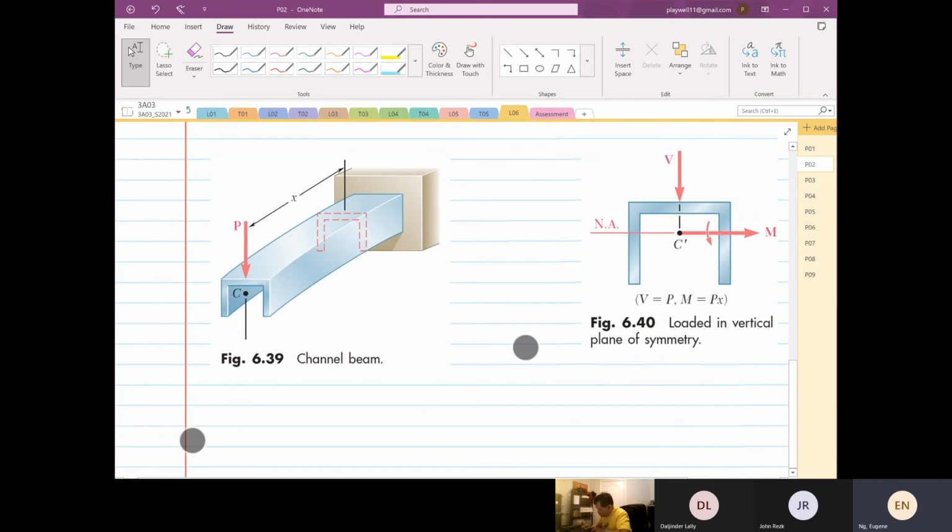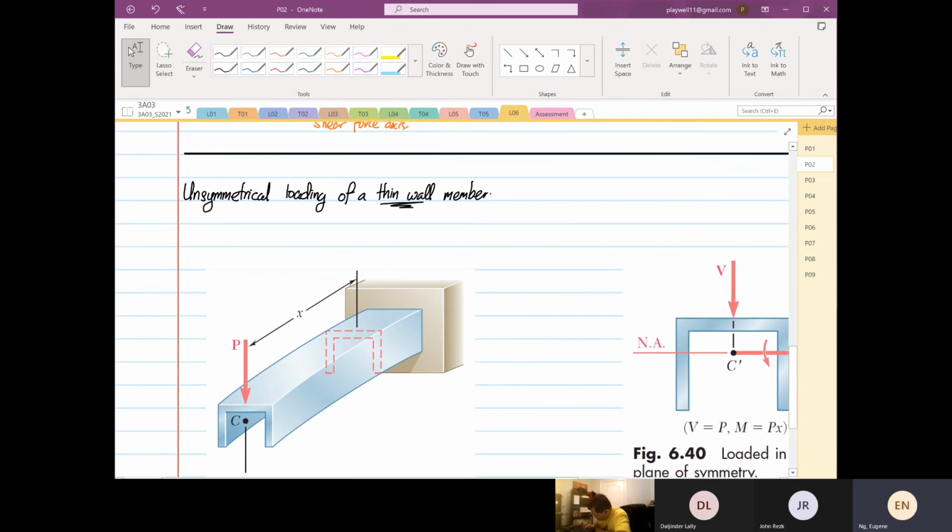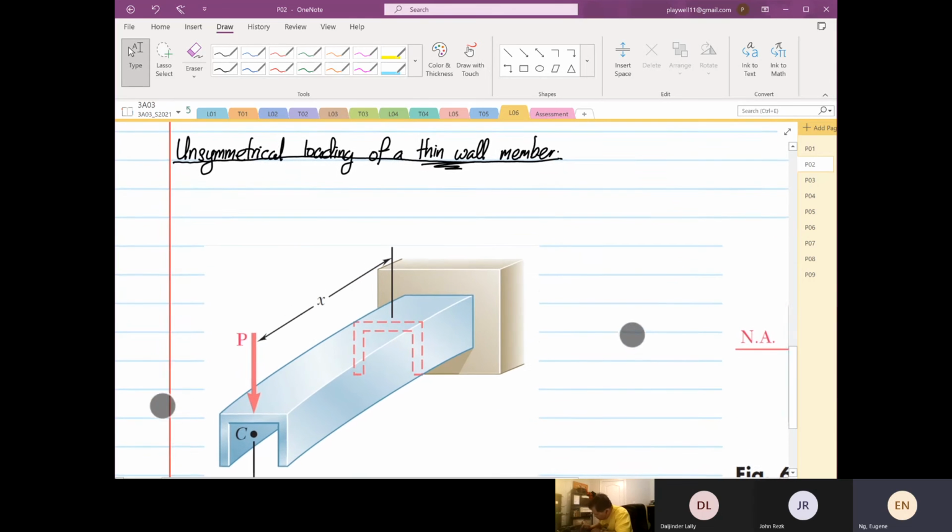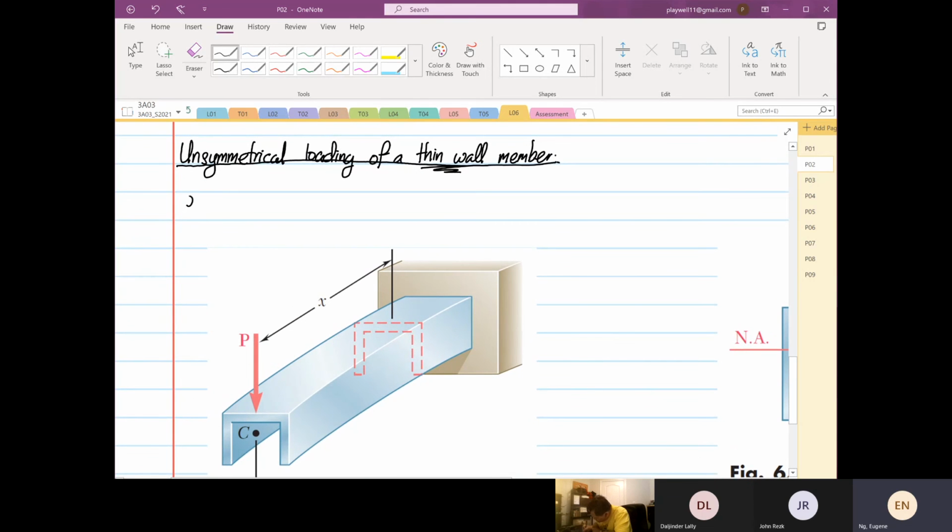So what you see over here, as I said, this chapter is unsymmetrical loading of a thin wall. But let me show you what symmetrical loading is first, and then later on I'll show you unsymmetrical. So this is symmetrical loading.